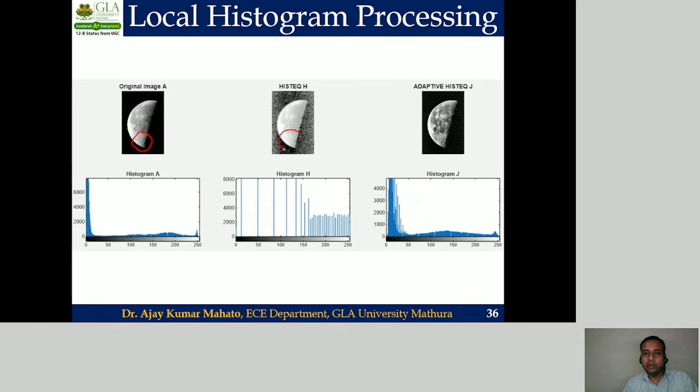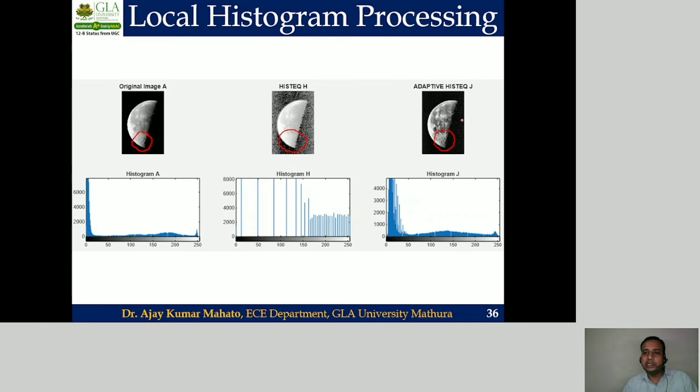I did not get an output in which my region of interest is significantly enhanced. So to overcome this limitation, instead of applying the histogram equalization, I have applied the adaptive histogram equalization. I have applied the local histogram equalization, and in the local histogram processed output image, you can see my region of interest is significantly enhanced compared to that of my input image A.